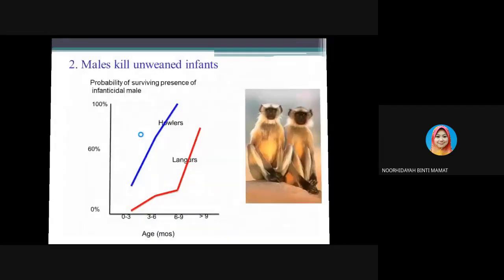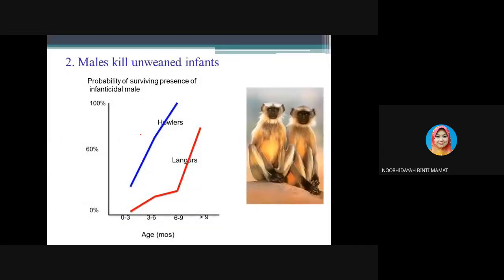Okay, and for the second one, we also predict that the males will kill the unweaned infants. So this is the probability of surviving in the presence of infanticidal males. If the infant's age is from 0 months to 3 months, the survival rate is very low.